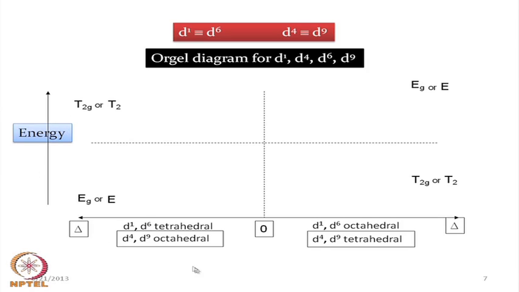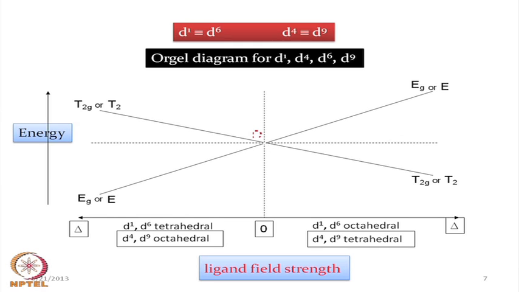So, we will be plotting the energy with respect to the corresponding ligand field strength, with energy on the y axis and ligand field strength on the x axis, and the term we will be utilizing for the splitting comes over here, and this is our D term.